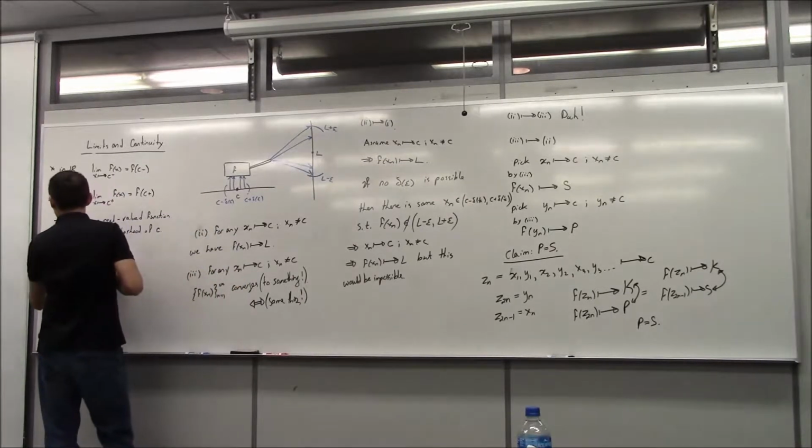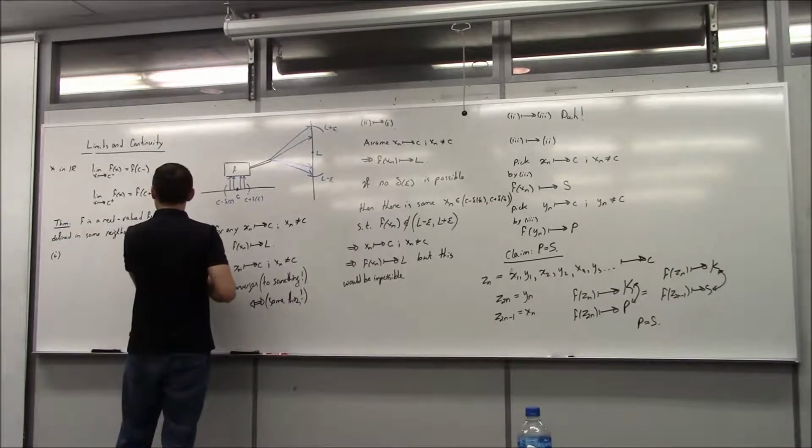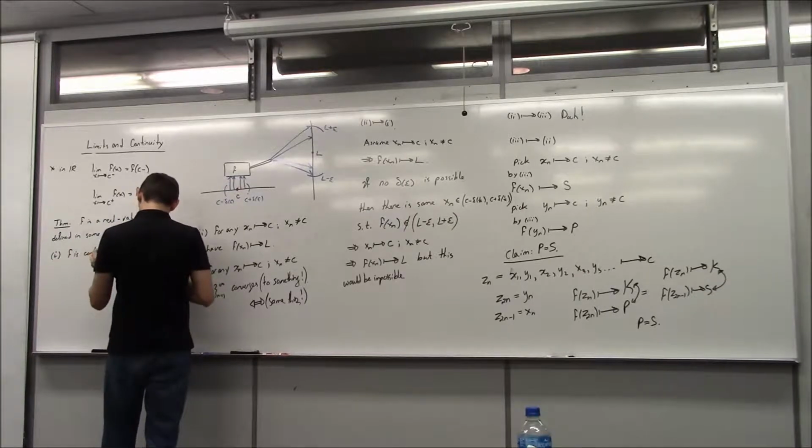So we have the following conditions. Then first, f is continuous at c, and that's by delta epsilon.